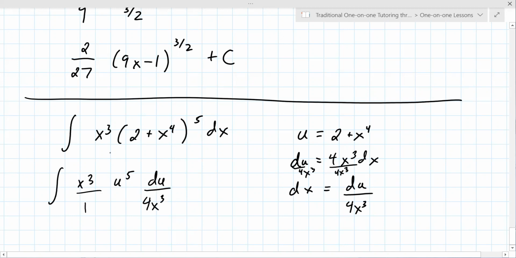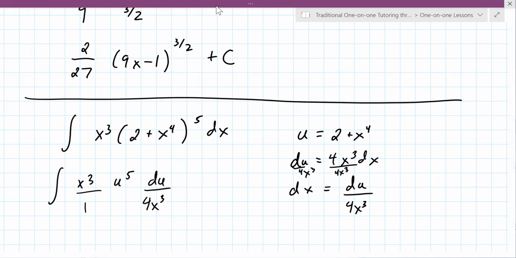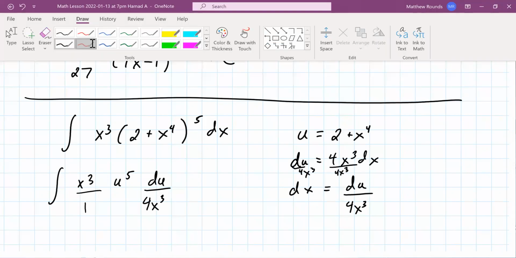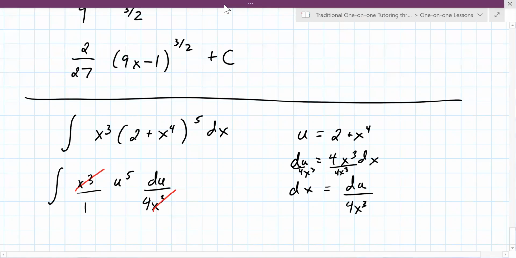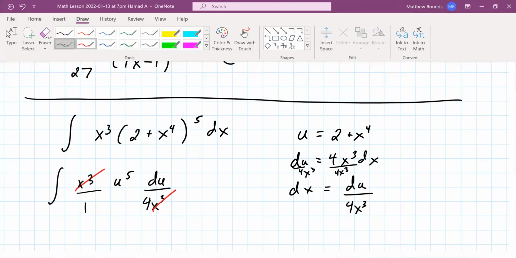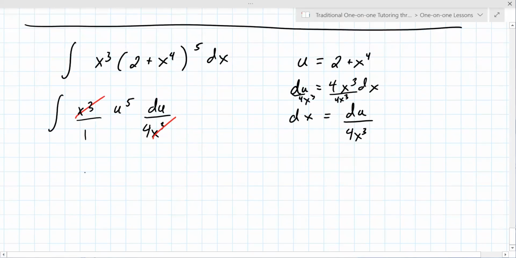Do you see how the x cubes cancel? Again, you've got to be good at your algebra, your prerequisite skills here. 1/4 integral of u to the 5th du.